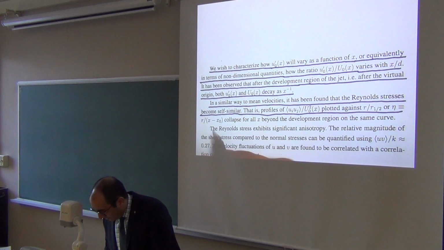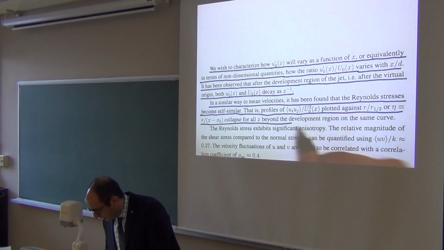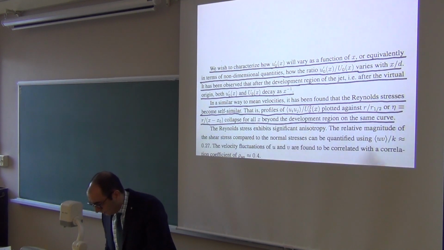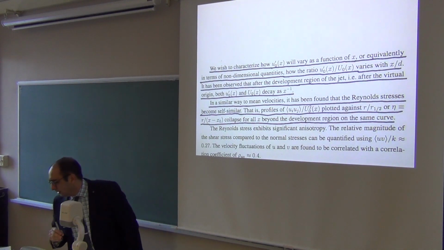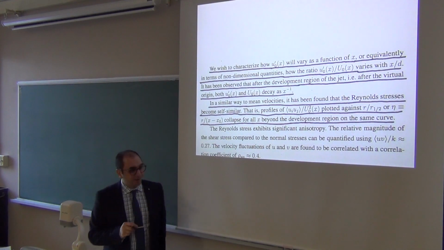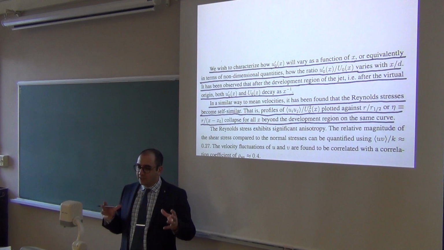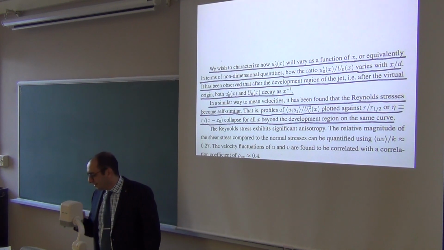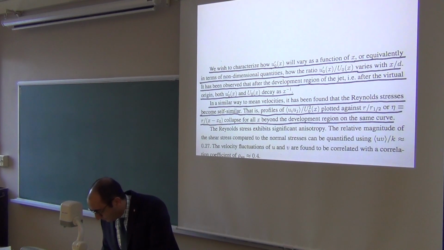Or the similarity variable, R divided by x minus x naught, collapse for all x beyond the development region on the same curve. So, as discussed, the structure of the jet is self-similar. It looks like a triangle, right? So you can fit a lot of similarity variables to it and find correlations.